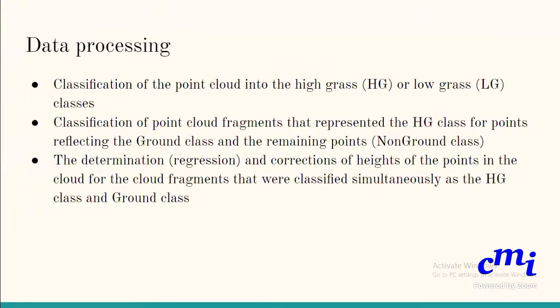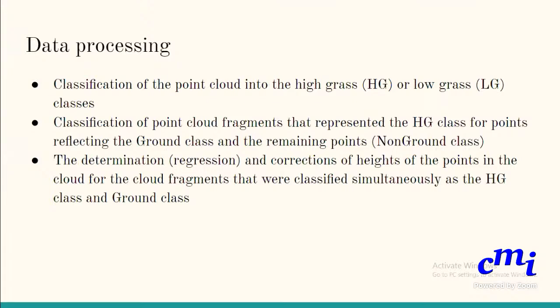So data processing was done in 3 steps. First was the classification of the point cloud into high grass or low grass classes. The second was the classification of point cloud fragments that represented the high class into points reflecting in the ground class and remaining points.